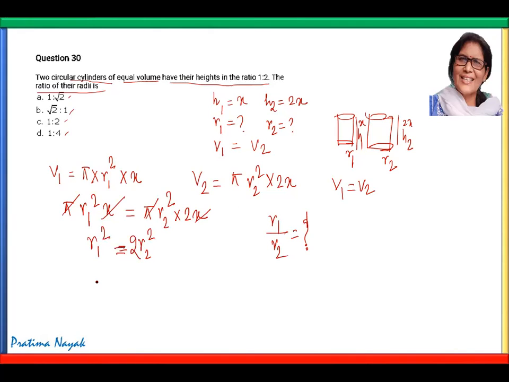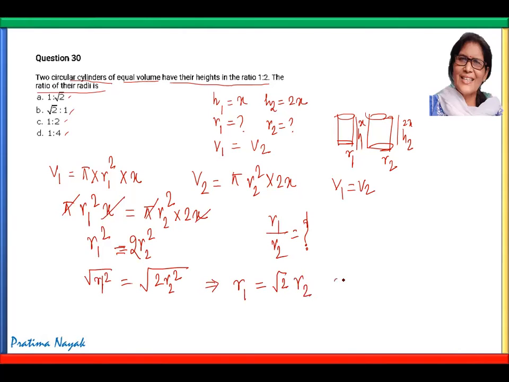Now I am taking the square root. Square root of R1 square is equal to square root of 2 R2 square. Square root of R1 square is R1, and square root of 2 is root 2, and square root of R2 square is R2.